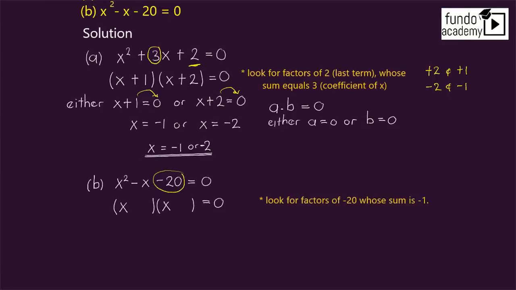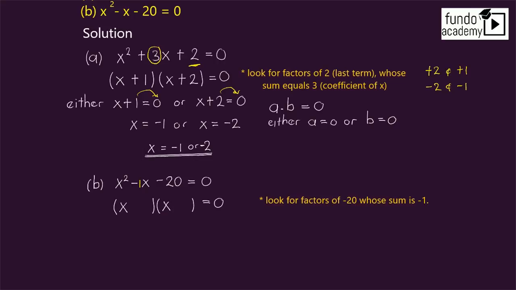So we'll be looking for factors of negative 20 whose sum will give us the coefficient of x. In our case, the coefficient of x is -1. So we want to look for factors of -20 whose sum will give us -1.